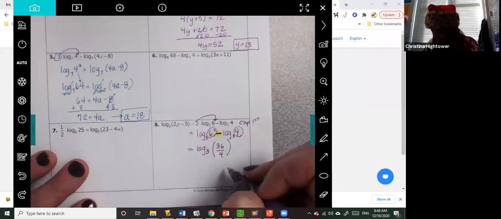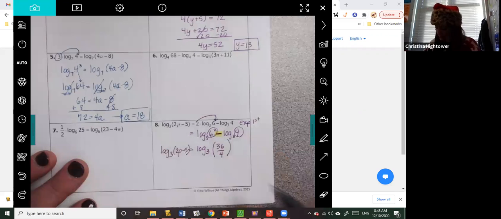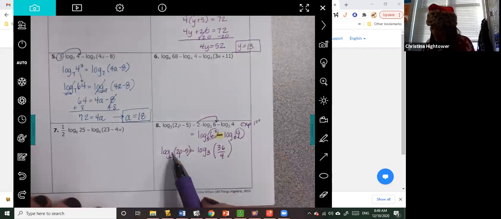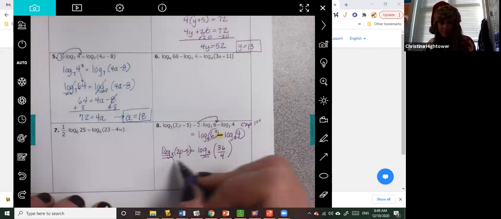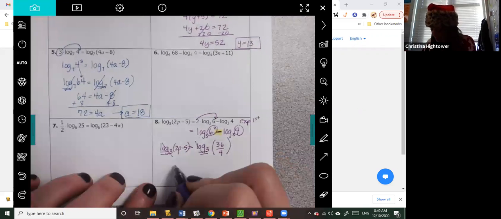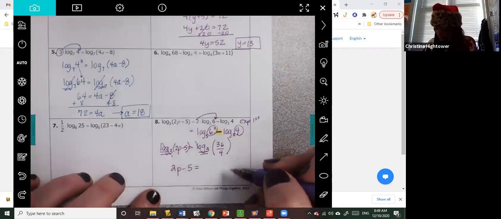And then on the left side, now that I have exactly one log on the left and one log on the right, they cancel each other out. And I have 2p minus 5 equals, what is 36 divided by 4? 9.